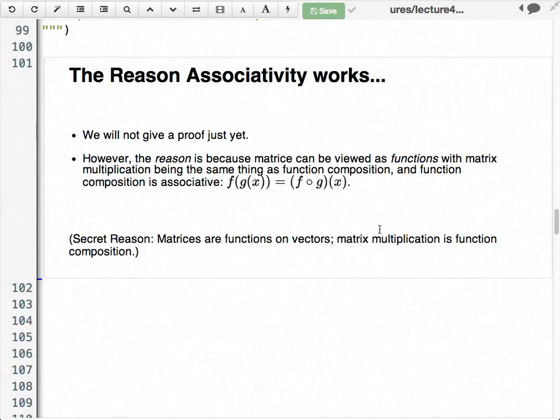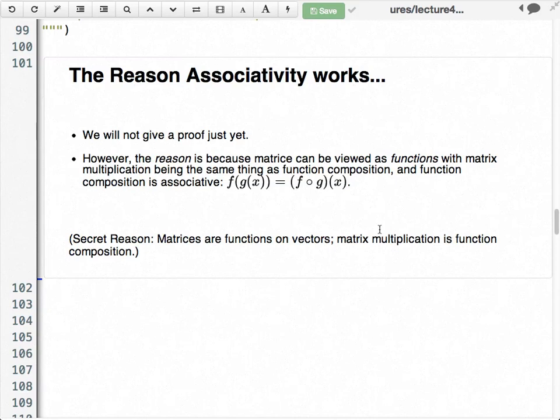And the function is just, given a column vector B, or a matrix with one column, B gets mapped to A times B. So this is a function, and it takes any column vector and gives you back another column vector.